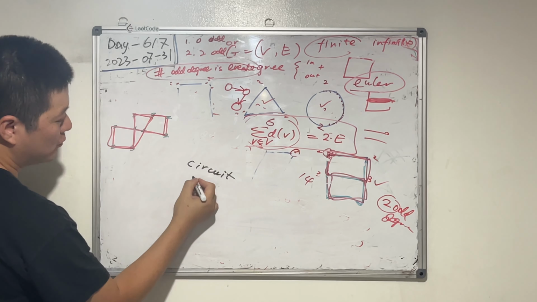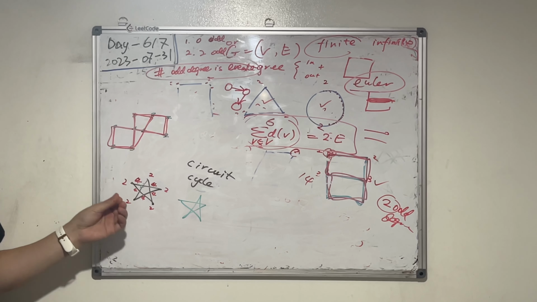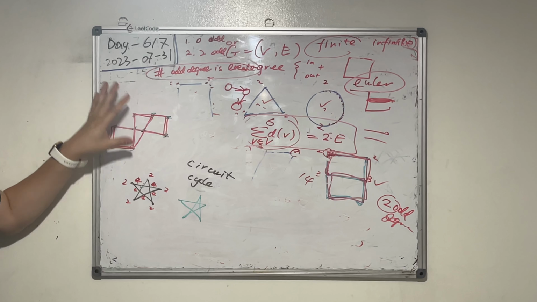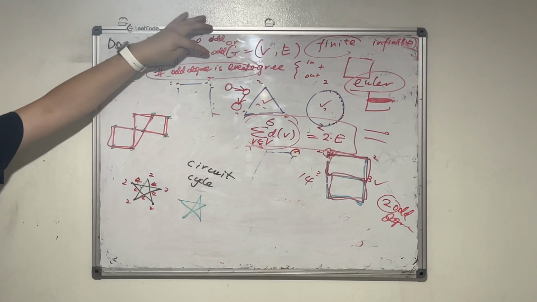Each vertex has even degree, so it's a Euler cycle. This graph has 2 odd degree vertices, so we can find the Euler path. In order to find the Euler path, we need the graph to have 0 or 2 odd degree vertices.